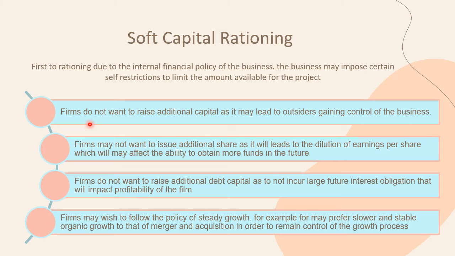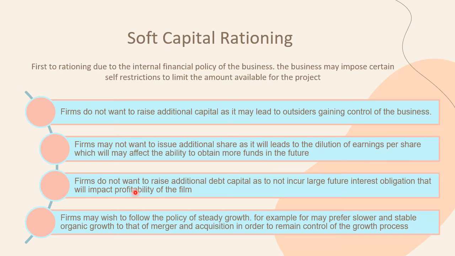Therefore, if the company issues more ordinary shares in order to raise capital, perhaps an outsider can get control of the business by owning the share capital. The second reason, the additional shares issued may also lead to the dilution of the earnings per share and therefore affect the ability to obtain more funds in the future.